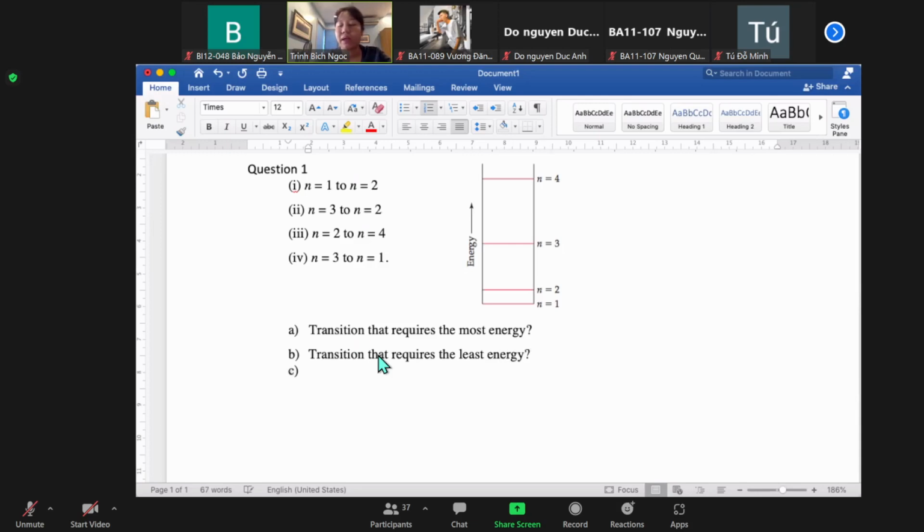And the third one, you need to put in order of increasing wavelength of the light absorbed or emitted during these 4 transitions. Okay.